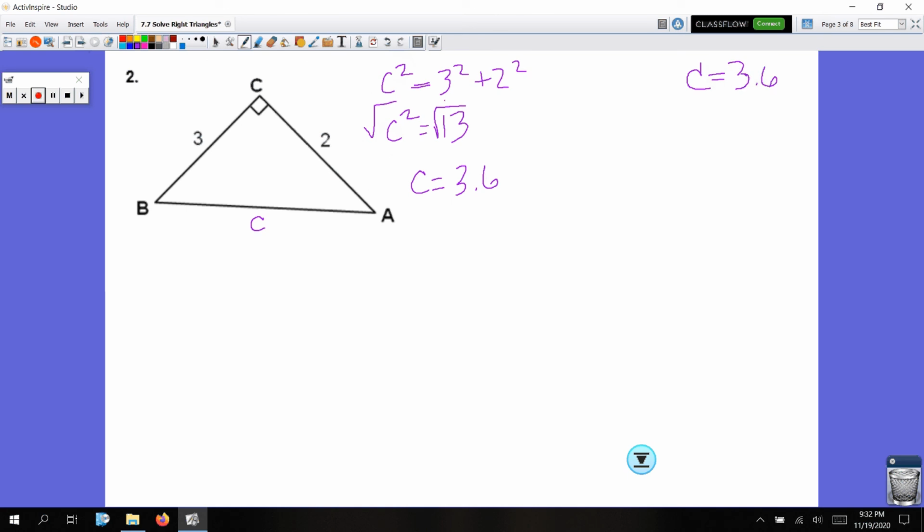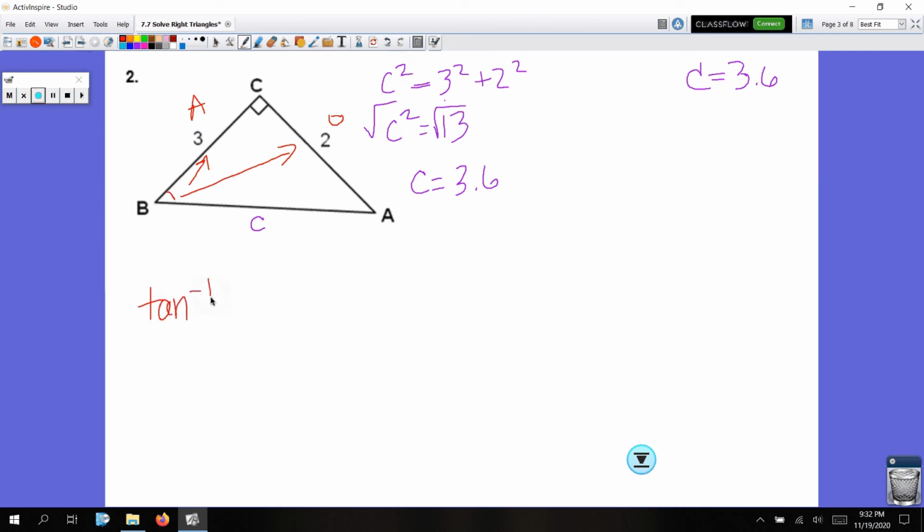All right, now I'm going to find angle B this time. From angle B, I have opposite and I have adjacent. Again, I have to use tangent to find the measure of angle B. But inverse tangent, because we're finding an angle.